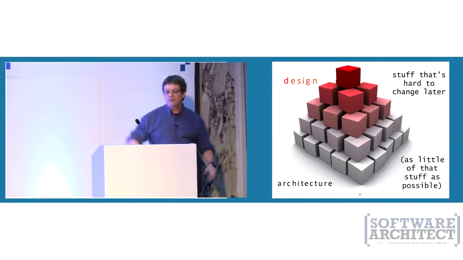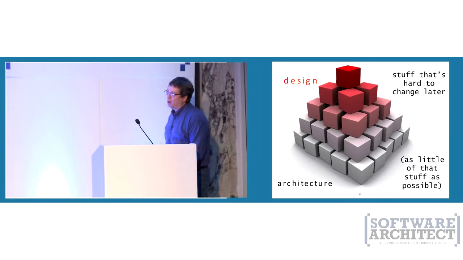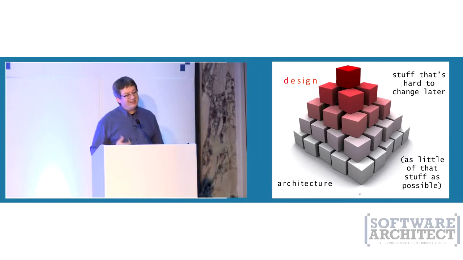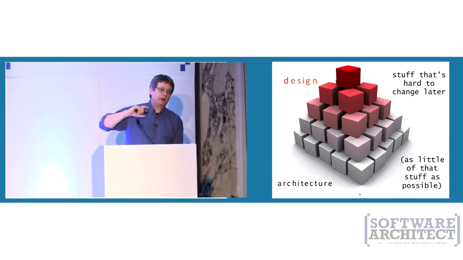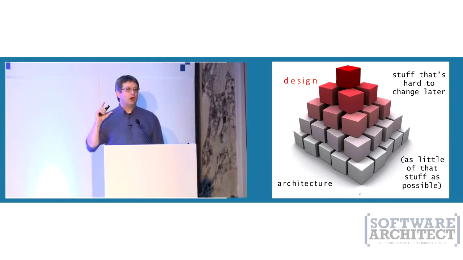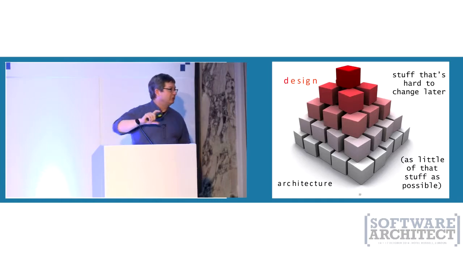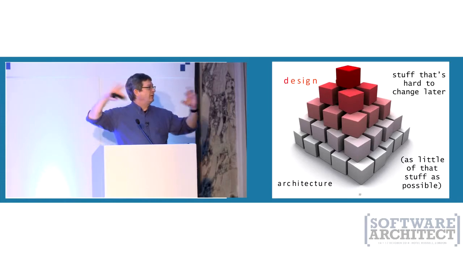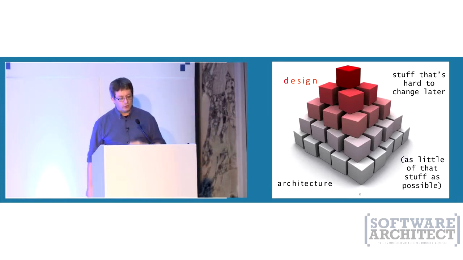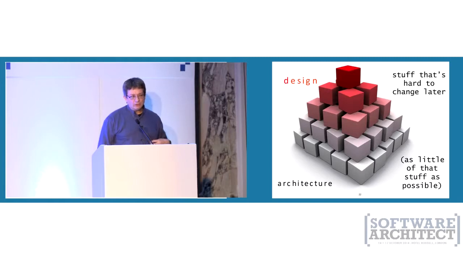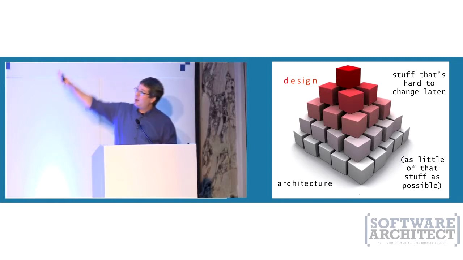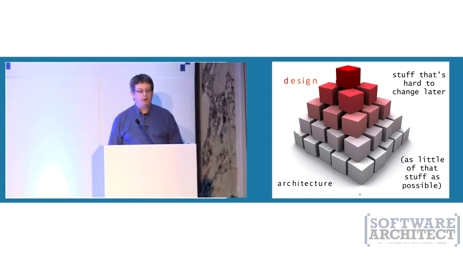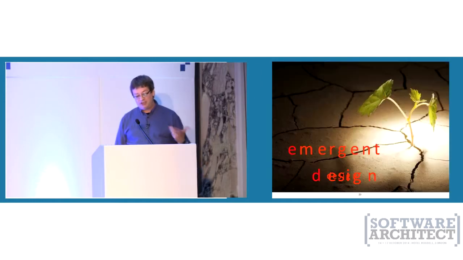Because the other half of this definition is you really want as few architectural elements as you can get away with. Because while architectural elements provide scaffolding and code you don't have to write, it also represents constraints that you're introducing. And what you want in the perfect world is all the capabilities and none of the constraints, and you try to optimize toward that. Most of this talk, I'm going to focus on the top part of this, the red boxes here, around design, and in particular, this idea of emergent design.